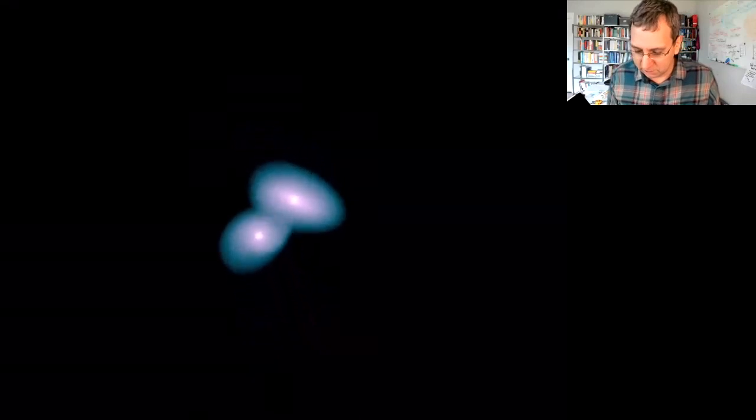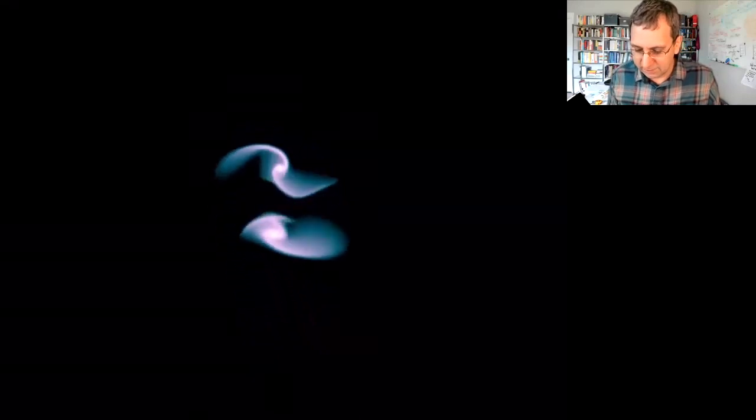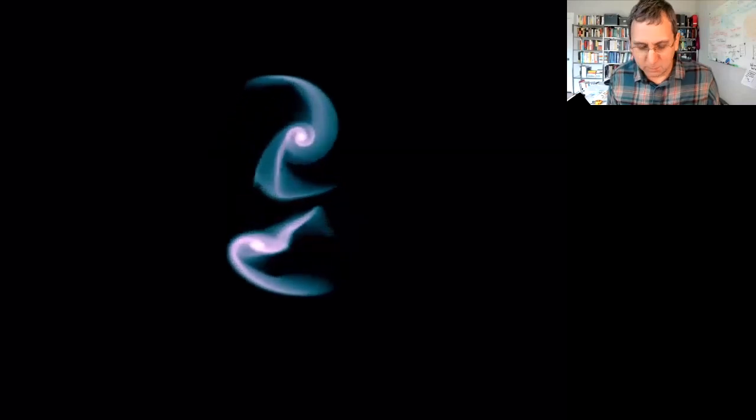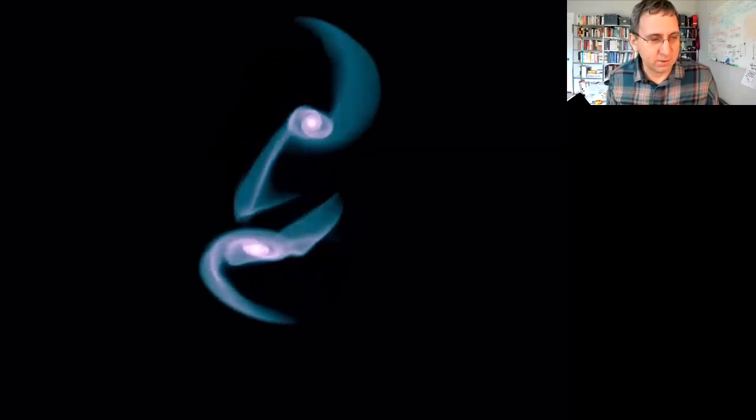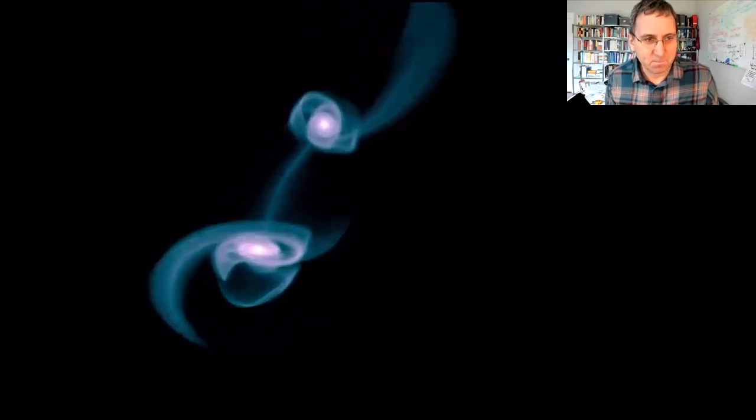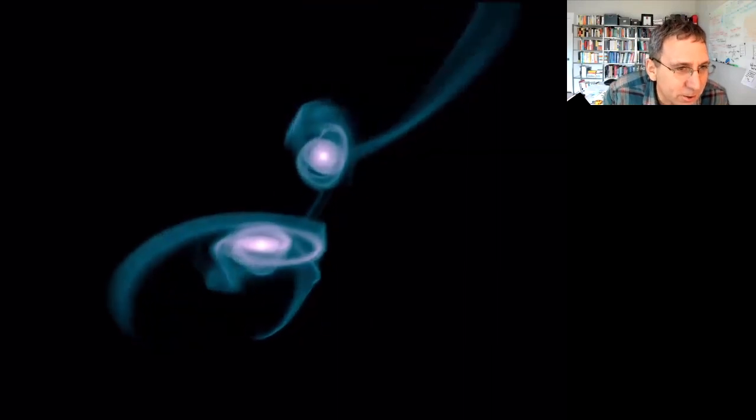It's not a rubble pile, but it's kind of cool. This isn't what our galaxy is going to do necessarily. I like to see all those arms that get taken out.